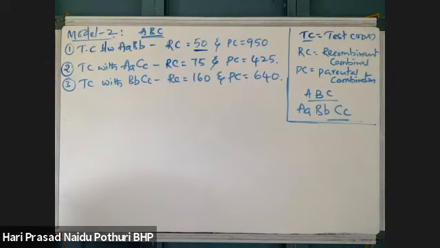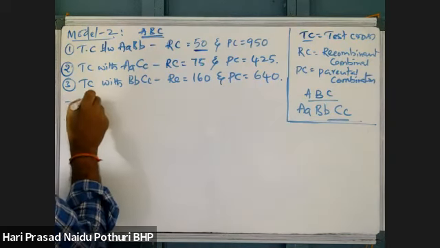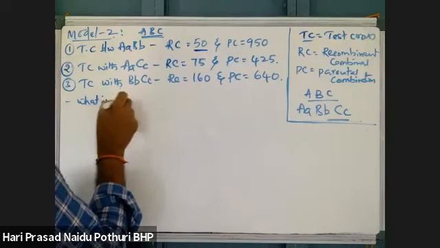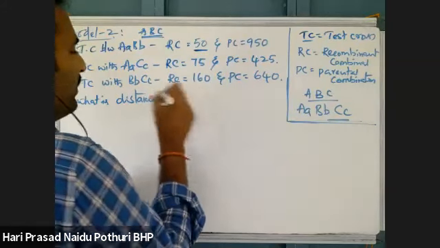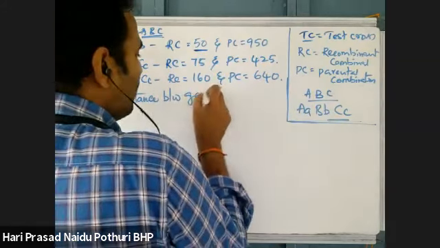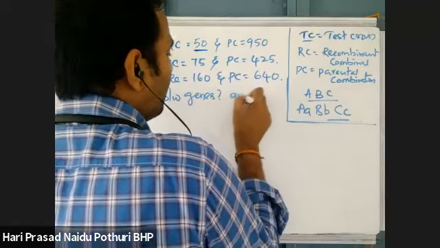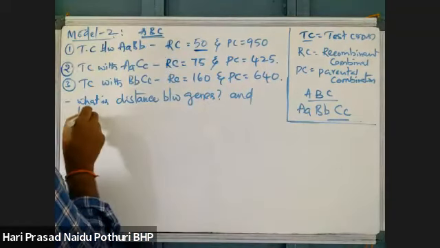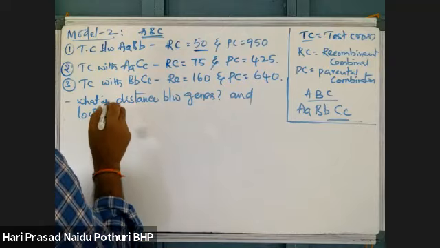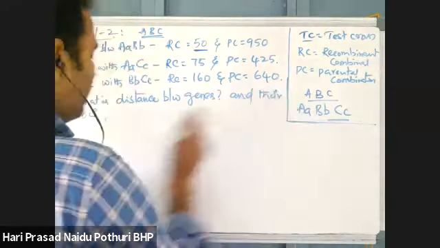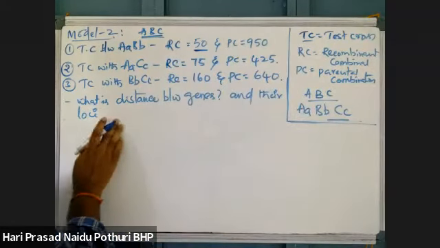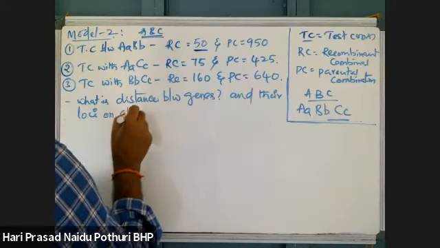Based on the above results, what is the distance between genes and their loci or order on the chromosome?